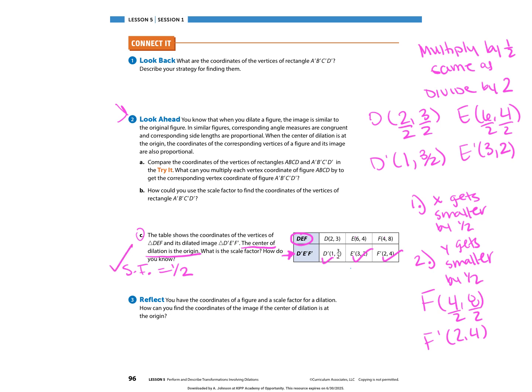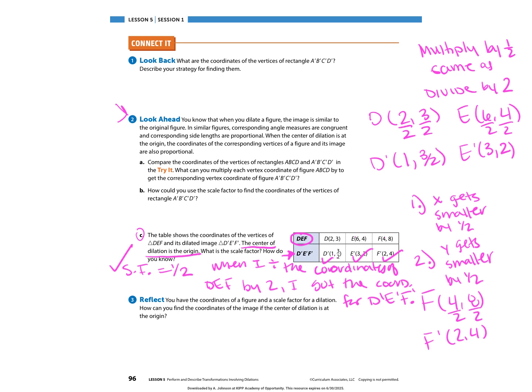How do I know? Because when I divided the coordinates of DEF by 2, I got the coordinates for D prime, E prime, F prime.